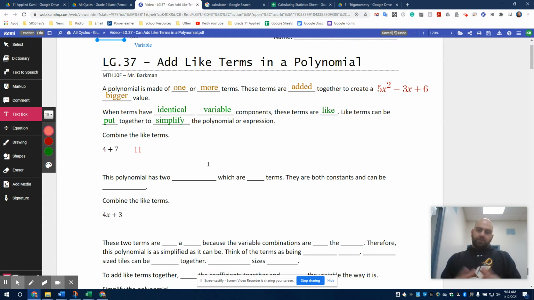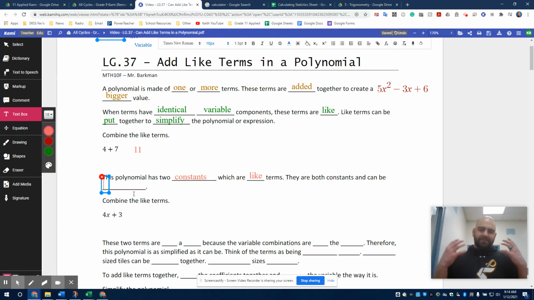That's all it is. We're just combining things together. We're trying to simplify it. 4 plus 7 is slightly more complicated than the number 11. And so we're just combining those like terms because we're talking about the same thing. They're both constants. This polynomial, as I mentioned, has 2 constants, and these are considered like terms because they deal with the same thing.